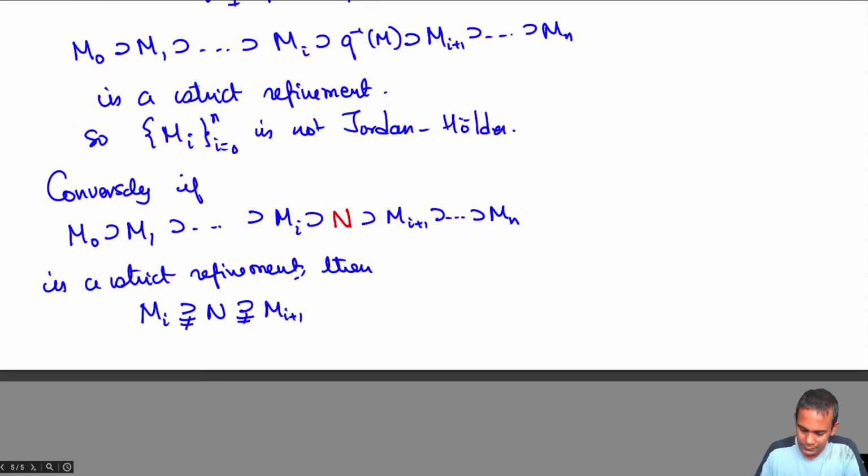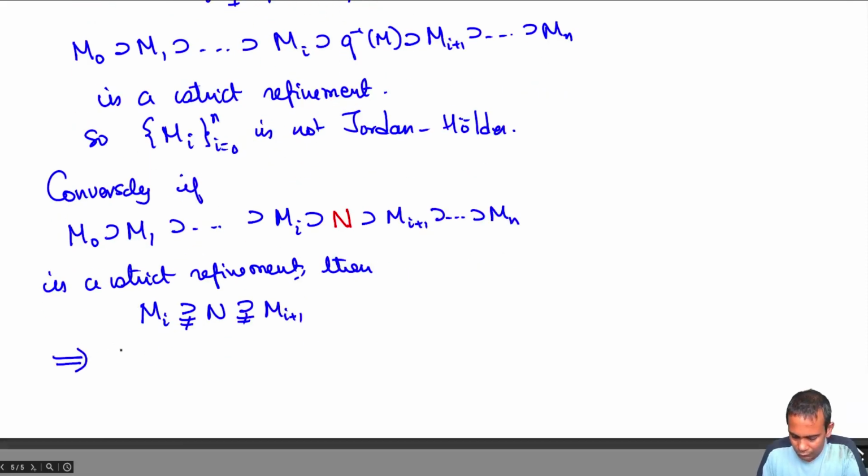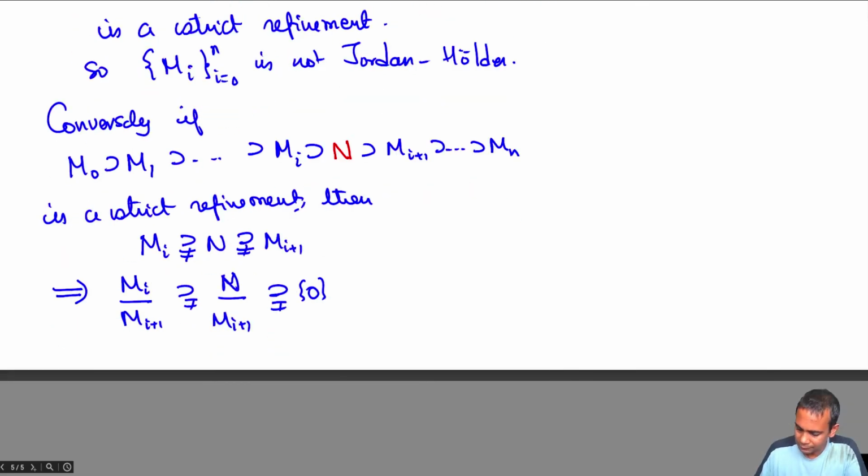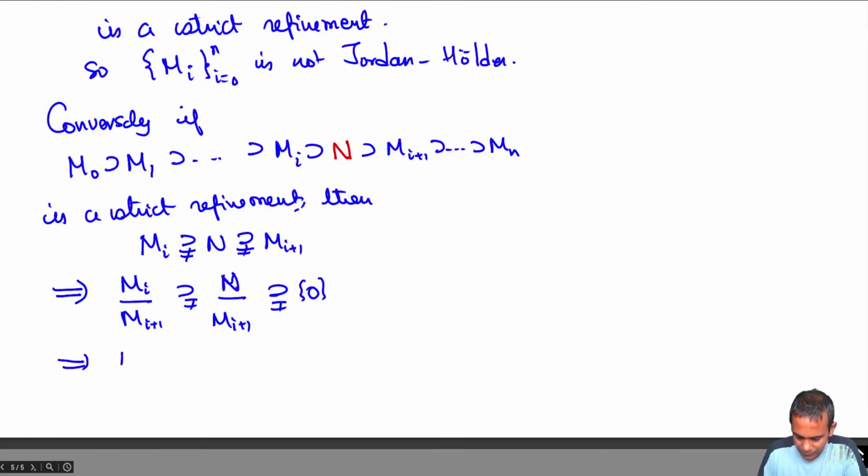Which implies that if you look at Mi mod Mi plus 1, this strictly contains N mod Mi plus 1, and that strictly contains 0, which means that Mi mod Mi plus 1 is not simple.